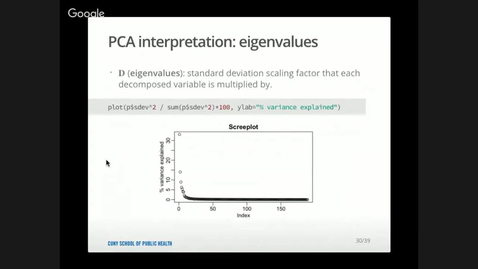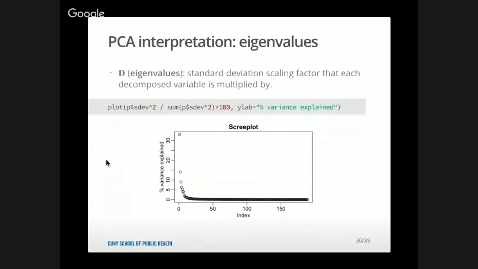Okay, the second element in that decomposition, the one in the middle, the D, the diagonal matrix of eigenvalues. These will be ordered in descending order, and because both of the other elements, the U and the V, are orthogonal, they are also unit length.